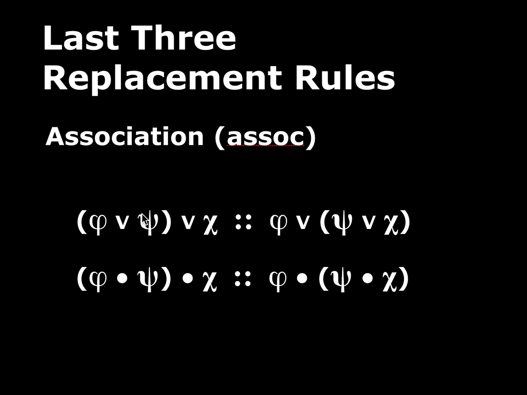So you're moving this to there and moving this one over to there. And you can go either direction. I can slide these parentheses to the left or to the right. So I can move from this to this, or I can move from this to this. And then there's a version for conjunctions as well. If I have 3 conjuncts, the first 2 are grouped, I can instead take the middle one and group it with the third one so that the last 2 are grouped.